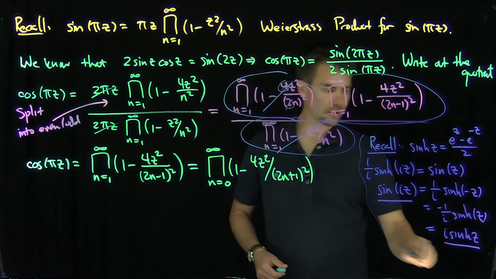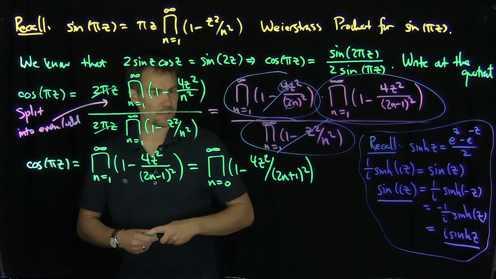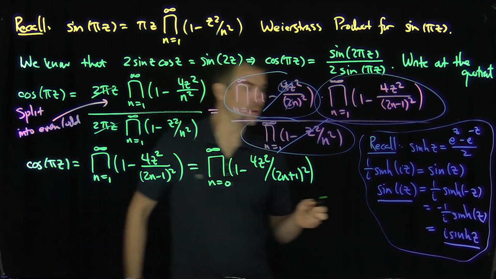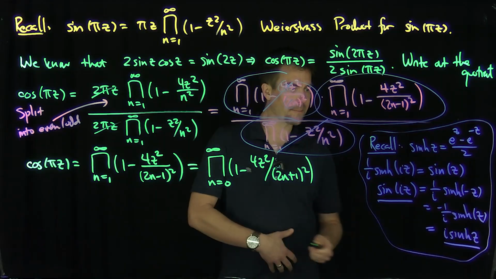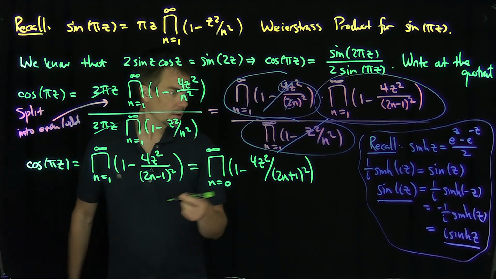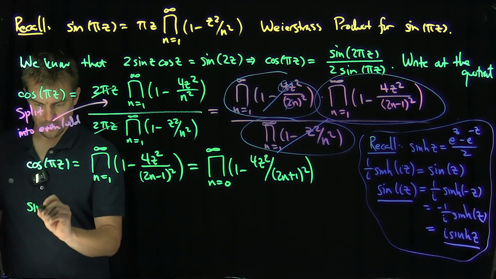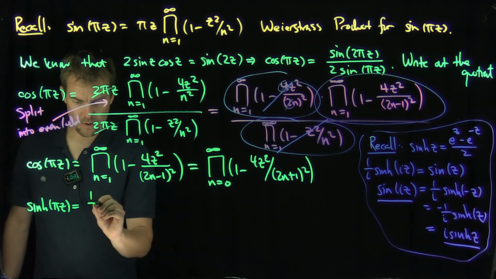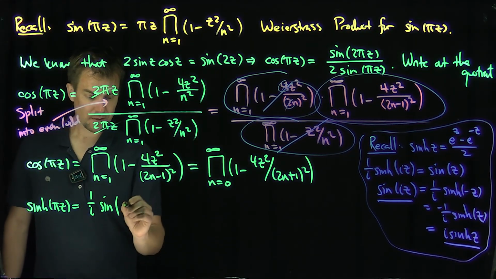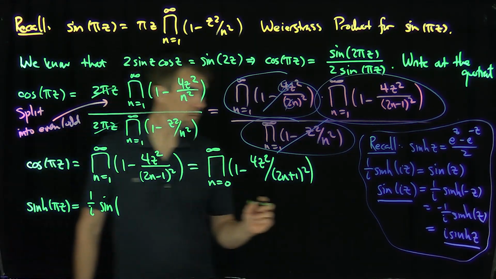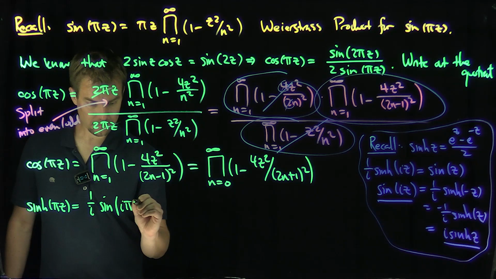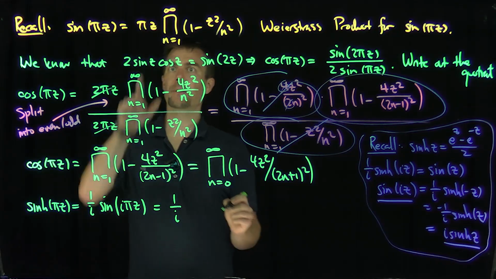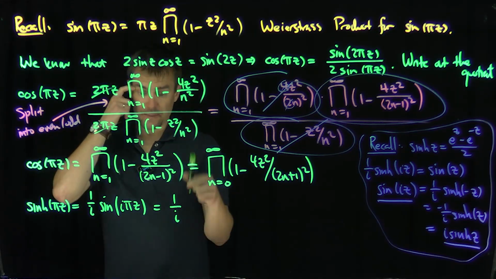We're going to use this methodology, that's our key, to determine the Weierstrass product for sinh, which is going to be super simple. I want to know what the sinh of pi z is. Well, the sinh of pi z is 1 over i, the sine of pi i z. That's 1 over i, and everywhere I see a z, I'm going to replace it with iz.